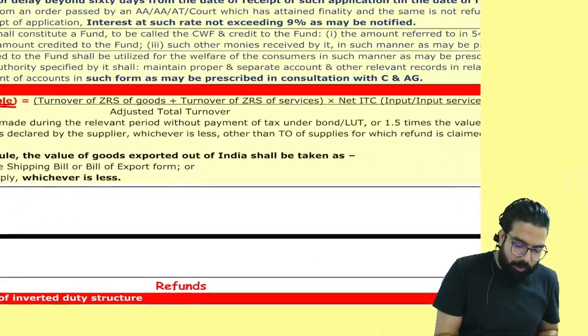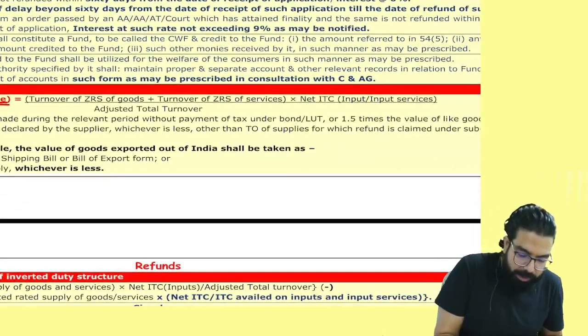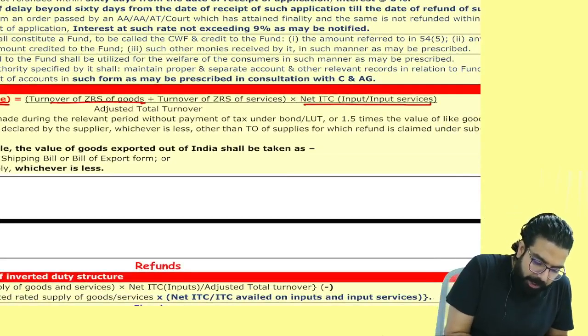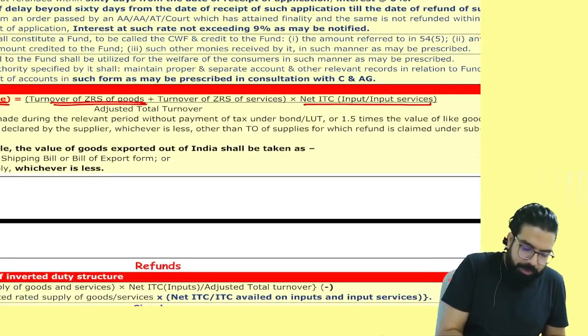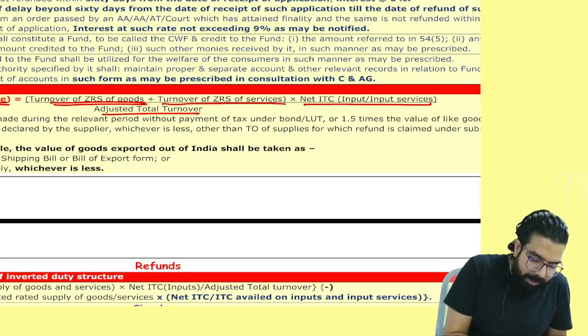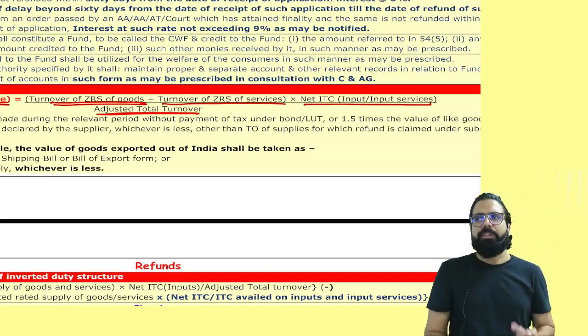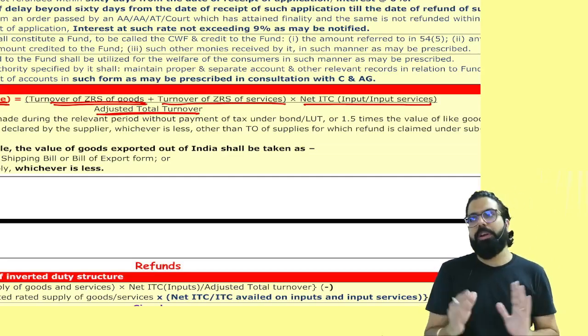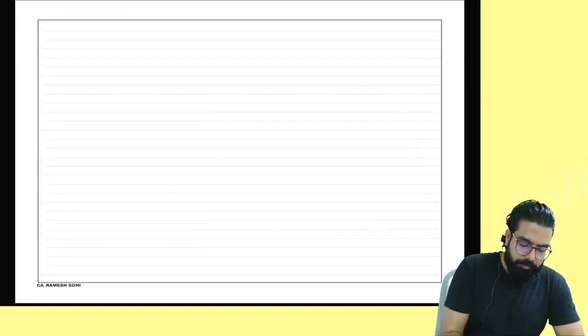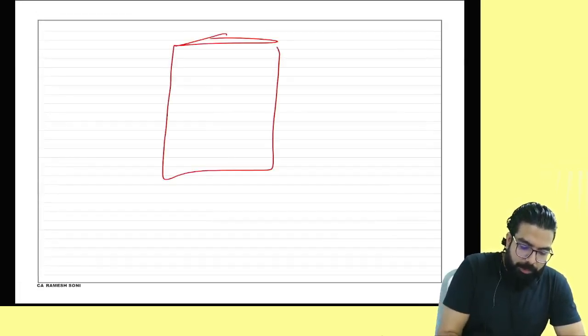Tell me one thing, everyone, the formula is over here: Net ITC multiplied by the turnover of zero-rated supply of goods plus the turnover of zero-rated supply of services, divided by the adjusted turnover. Sir, what do you mean by this? You tell me one thing.